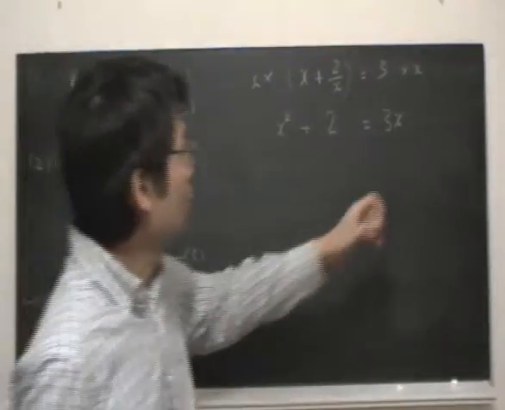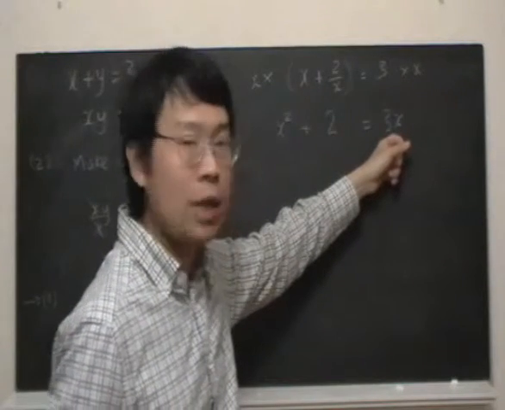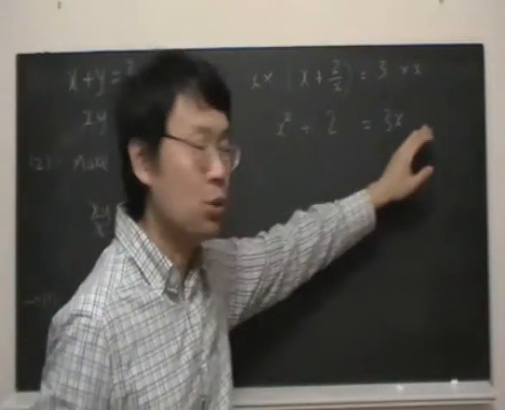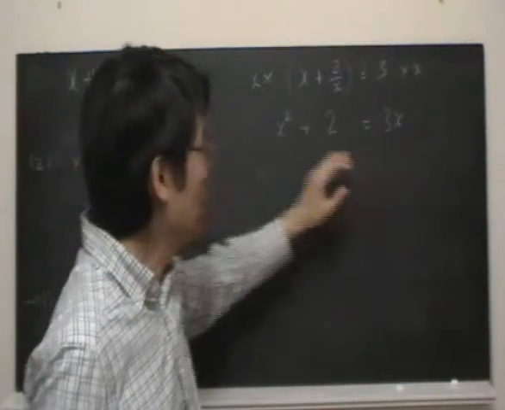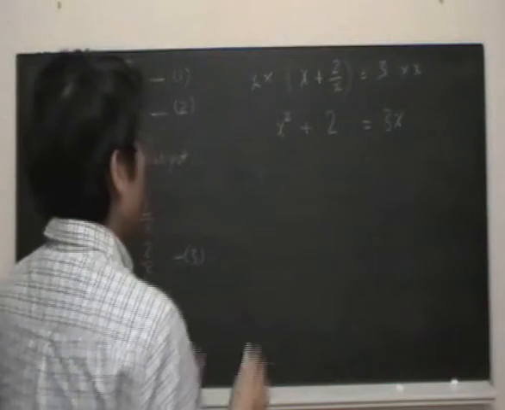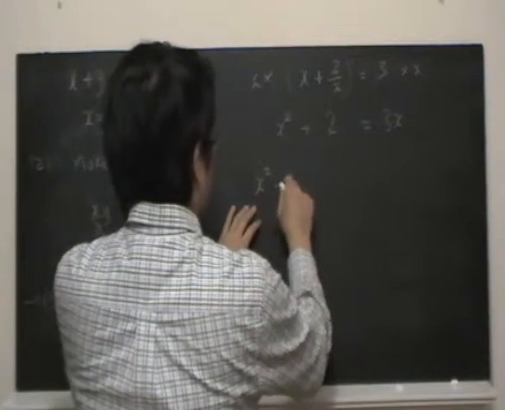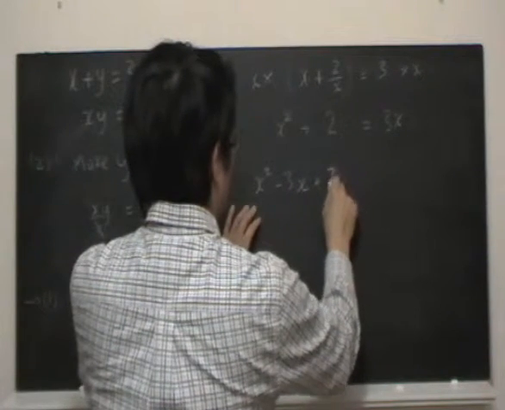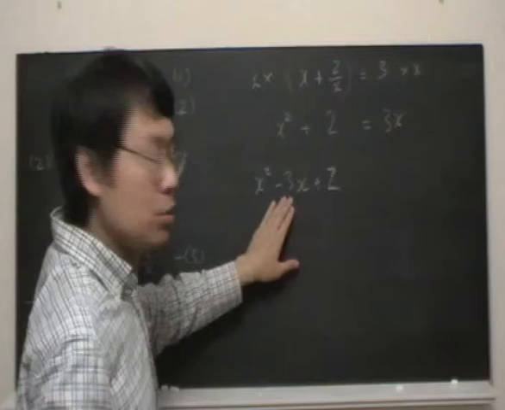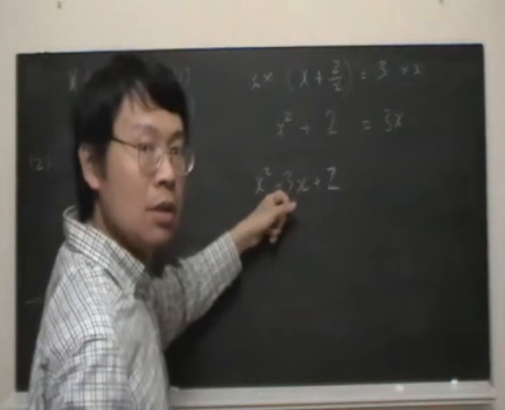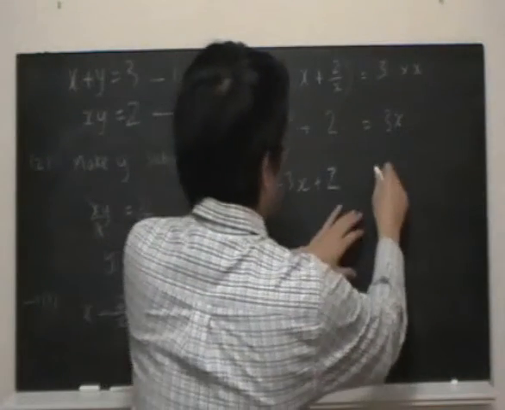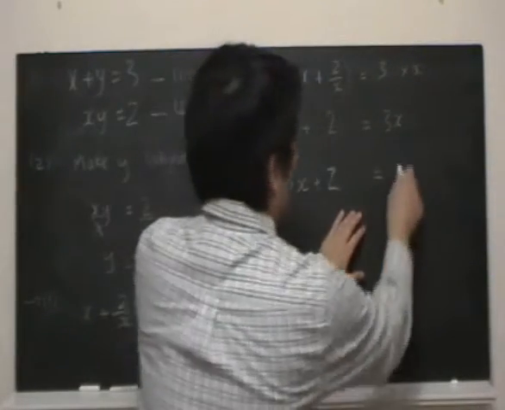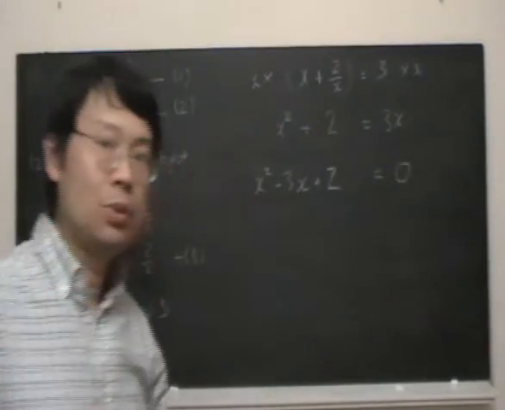So let me get rid of the 3x from the right side so as to turn it to 0. I'll do that by subtracting 3x from both sides. So I've subtracted 3x on the left side and get a minus 3x there. And on the right side, when we subtract 3x from 3x, we just get 0.